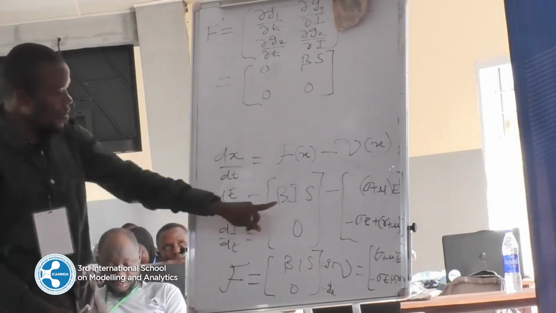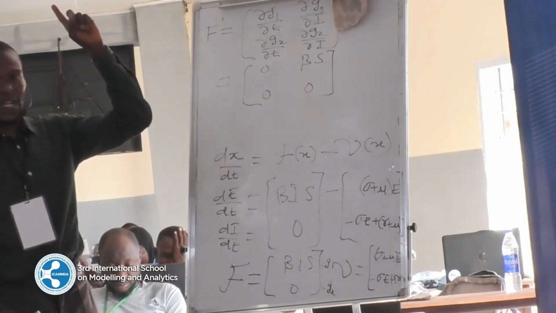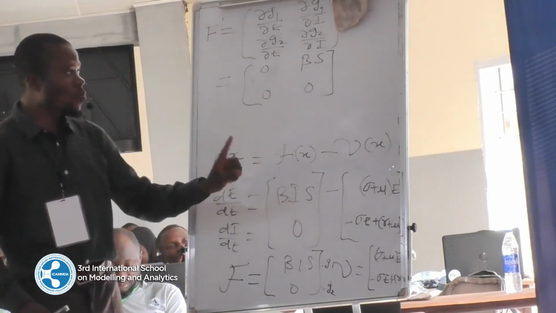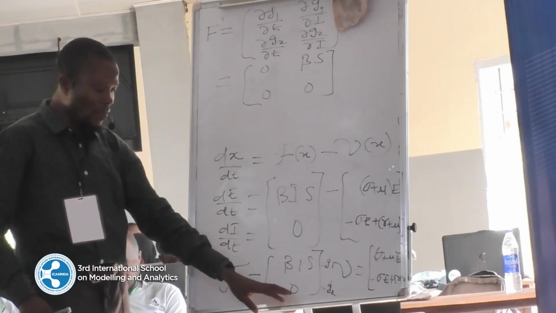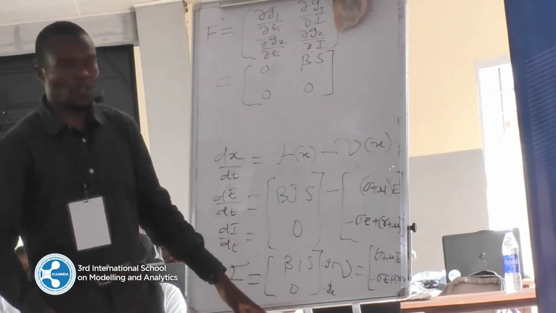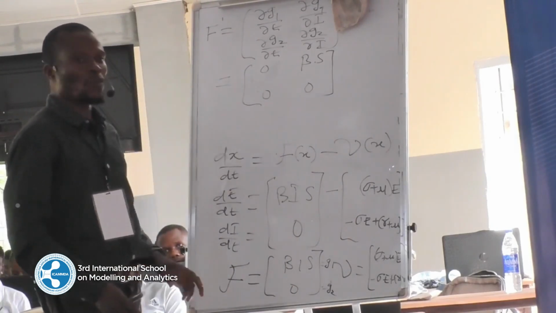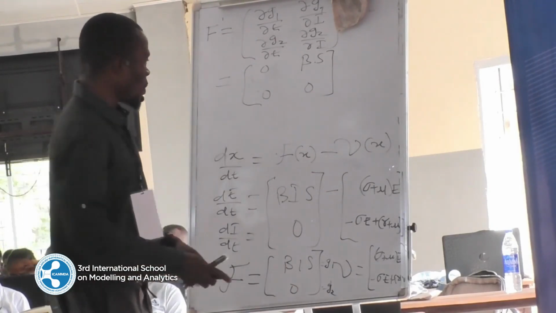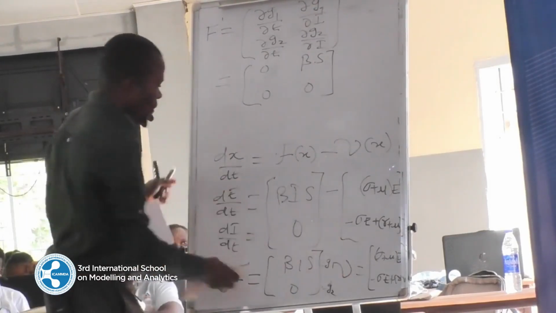Then we differentiate I, and we get 1. Beta S times 1 gives us beta S. Since this one is 0, the derivative of 0 with respect to any variable is 0. Here is also 0. So in a similar way, we are going to do that for the other vector component there.